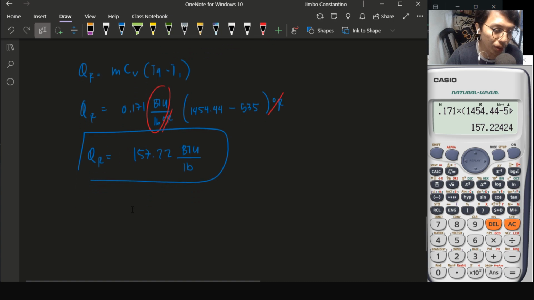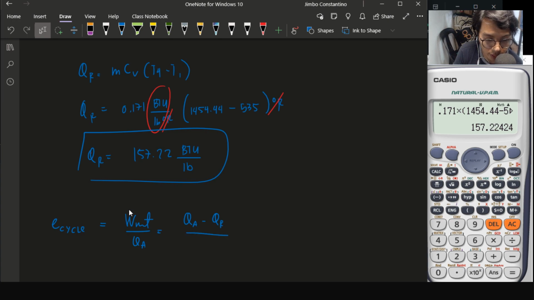Sir, how about yung sinasabi ditong efficiency of the cycle? Saan mo gusto ibase? Base muna natin sa worknet over QA. Yung worknet naman is QA minus QR over QA. QA natin, 352 minus 157.22 divide by 352.